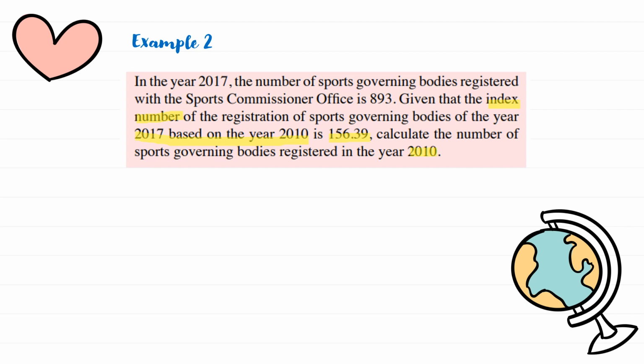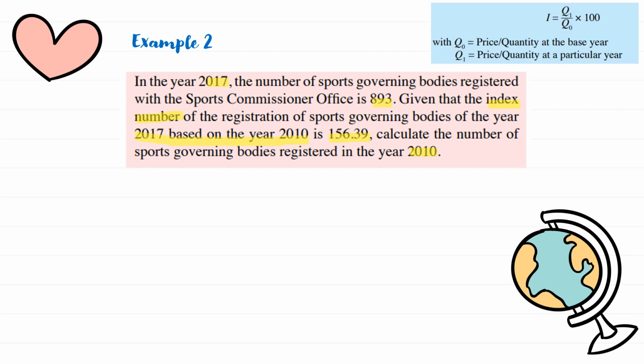In 2017 the quantity is 893. So using the formula here, you are going to find the quantity for the base year, which is 2010. Substitute all the values you know into this formula and find the quantity for 2010.